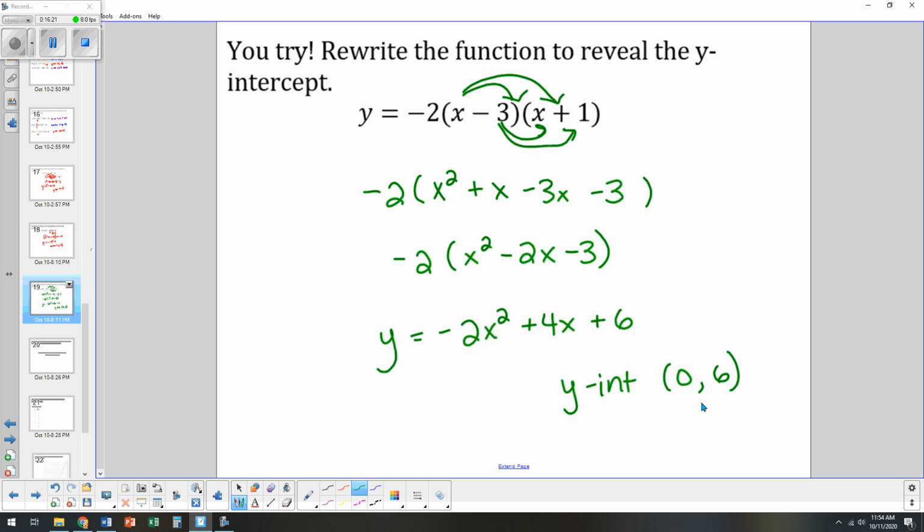All right, so if I multiply, FOIL, distribute, whatever you want to call it up there, and then I also distribute the -2, I end up with a c-value of 6, so my y-intercept is (0, 6).